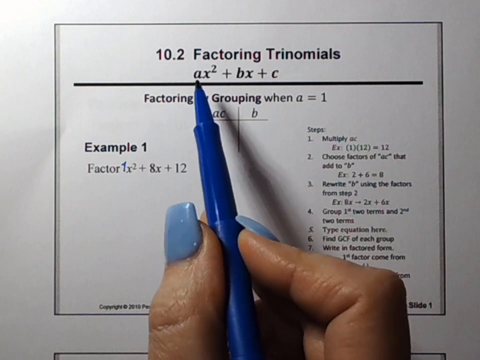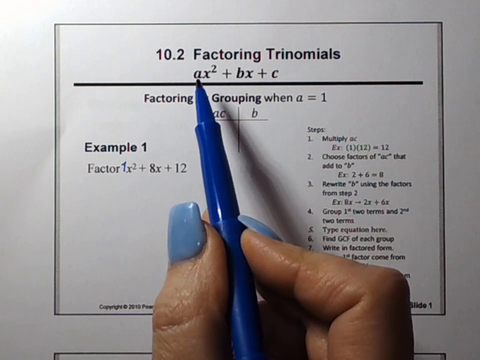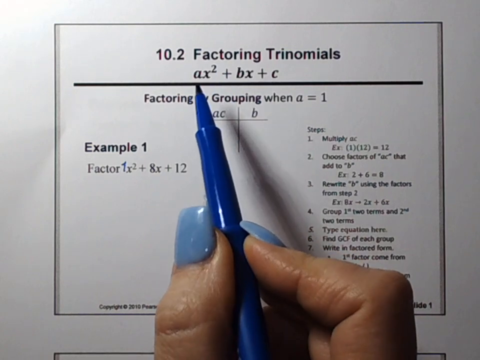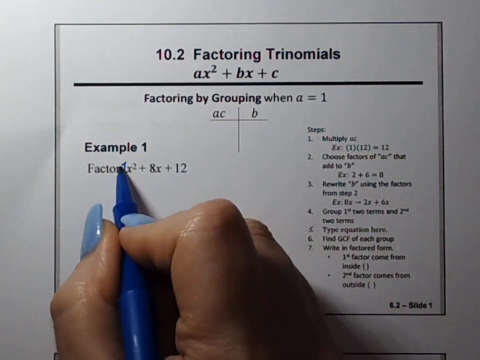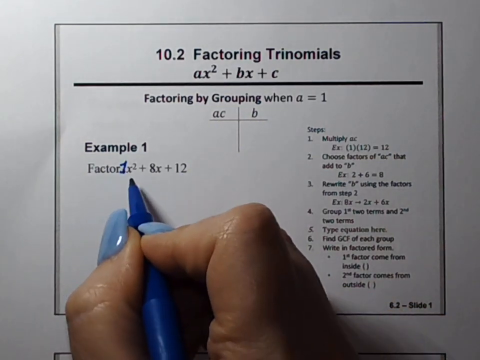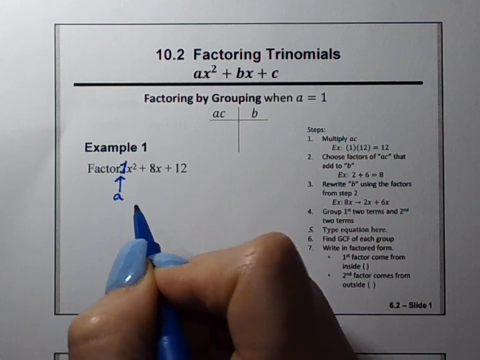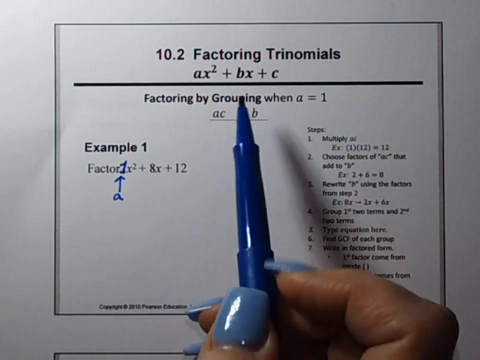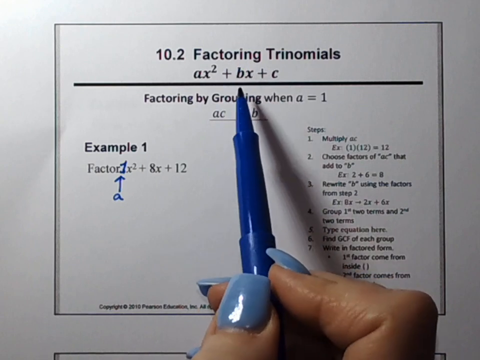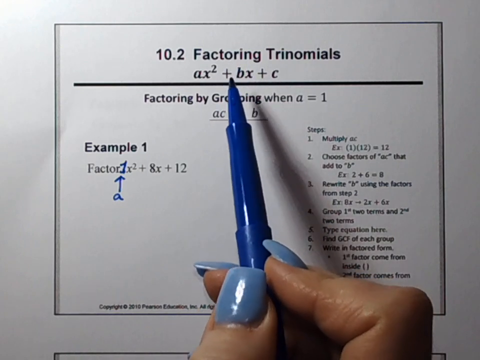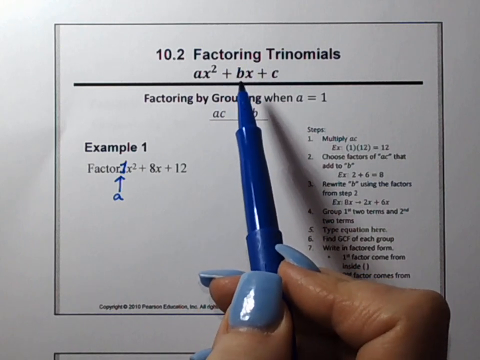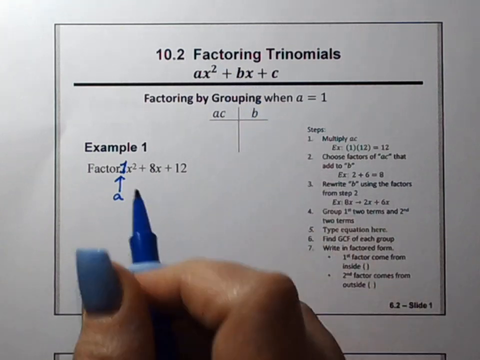So we're going to have the leading coefficient out in front of this x squared term, which is going to be our a. So we always have that implied 1 out in front if there's not a number there. So that is our a term. Next, our second term in our trinomial is bx. So that coefficient on the x term is considered our b.